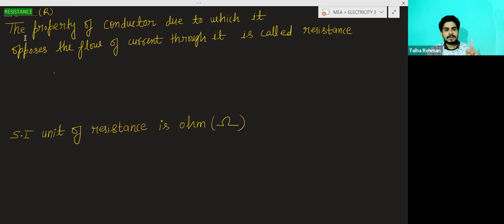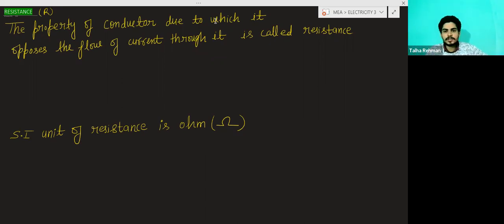What is resistance? It is the property of a conductor due to which it opposes the flow of current through it. Means if current is flowing through a wire, the resistance will oppose that flow of current and try to decrease it. That is the resistance of the wire.